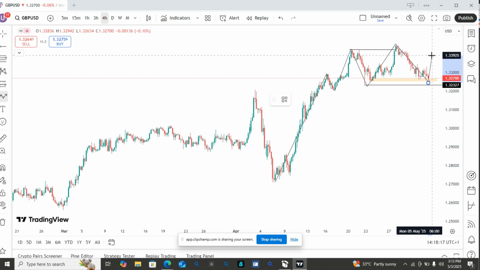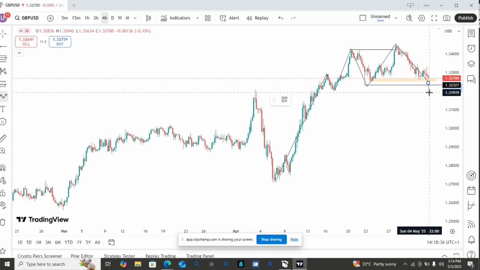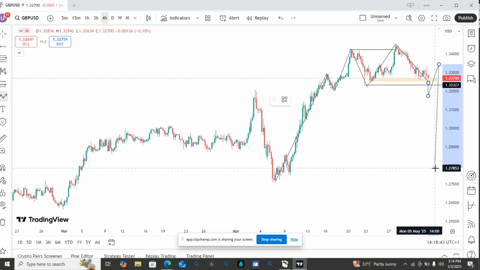But for any reason that price closes below this zone, if market opens this week and price closes below this zone on this 4-hour time frame, that means our bullishness on this is over, because if we break below this higher low, it means that we have a shift in market structure, thereby causing this movement to move down. So we expect this price to do what? To come to this zone this week.